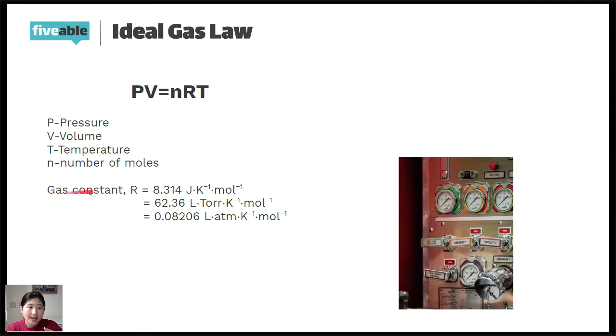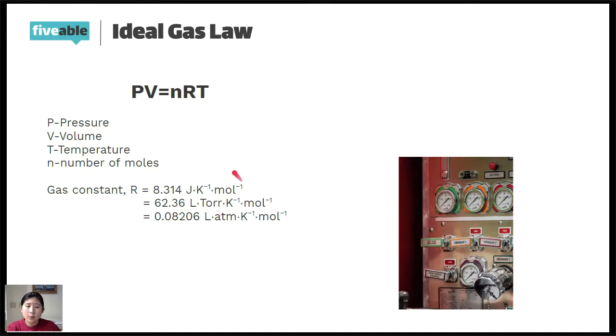Okay, so the gas constant right here is the R, and here we have 3 different values of R. They are essentially the same thing. They're just in different units. So usually if you look at a problem on the AP test, they might give you certain values that fit into one of the 3 better.